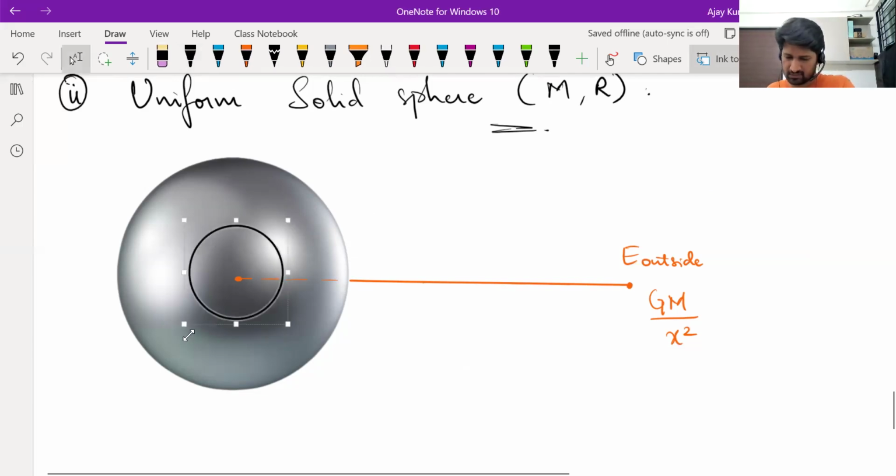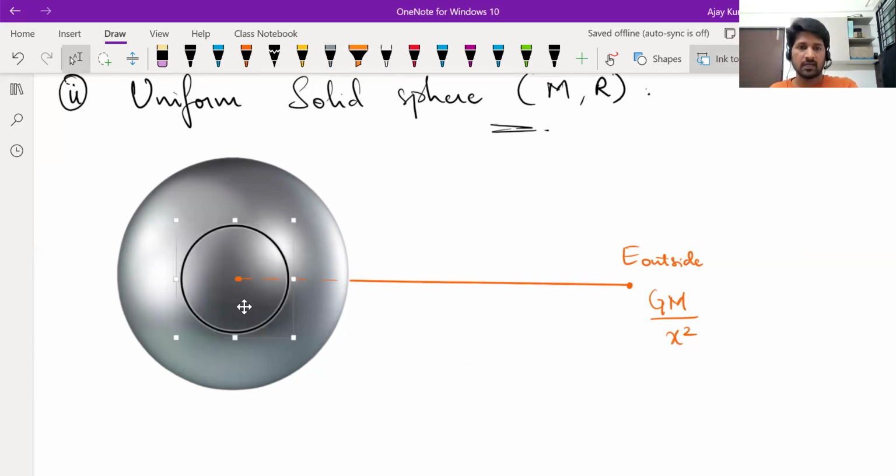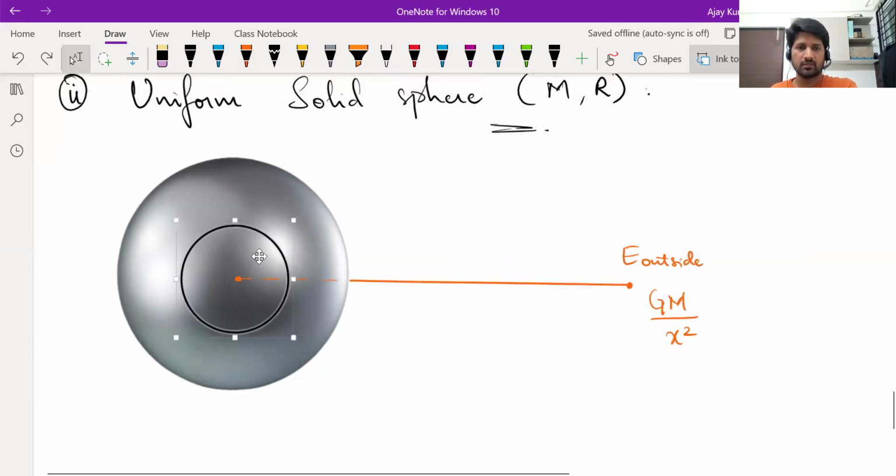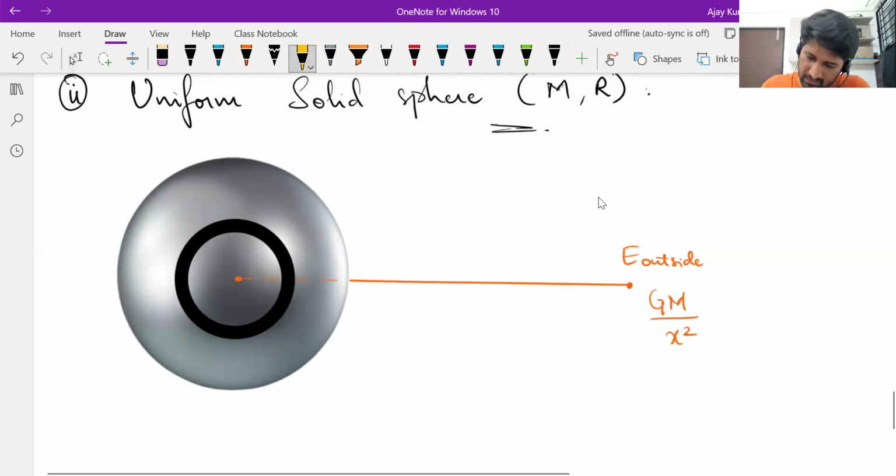On screen it looks like a circle, but you have to imagine it in 3 dimensions. And you have to consider a thick hollow sphere, somewhat like this. Assume its radius is small r and its thickness is dr. Then this shell element, this hollow spherical element, will have some mass dm.